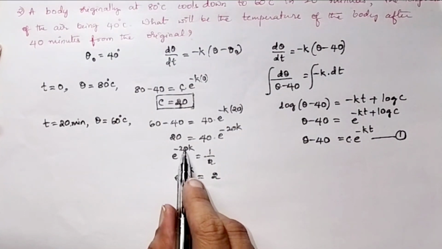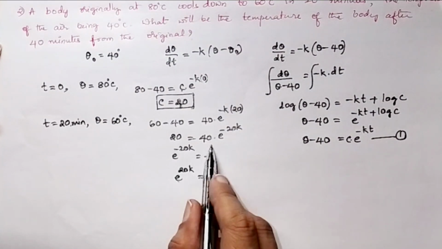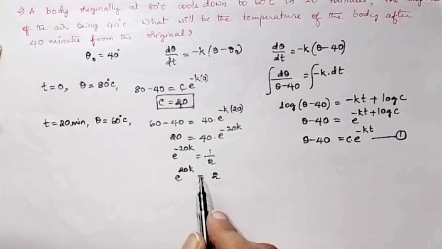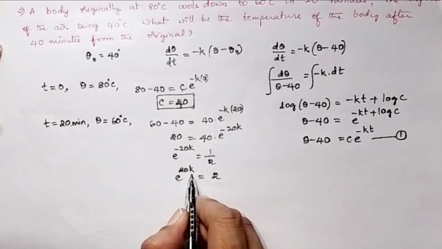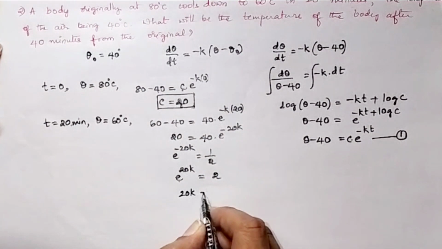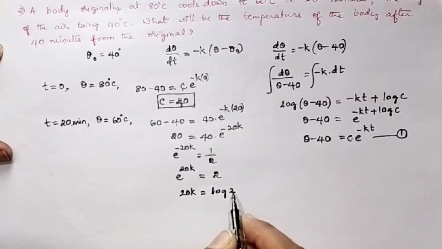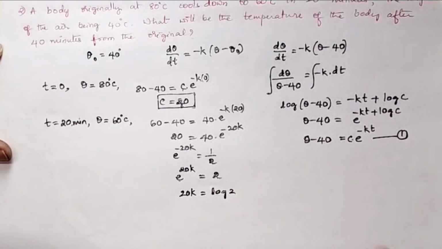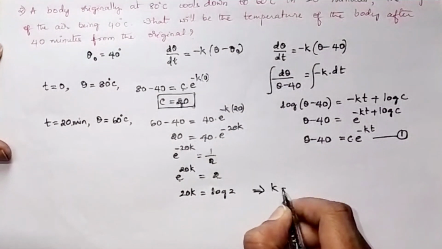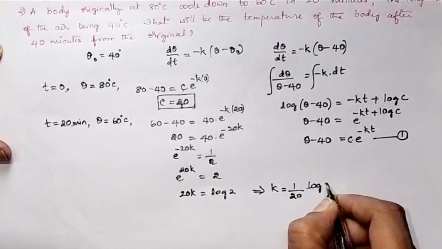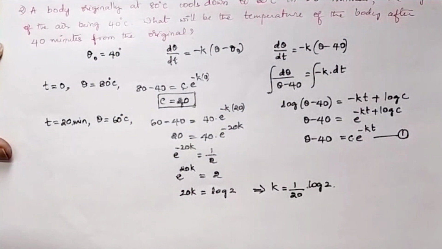Now I want the value of k, so take log on both sides. 20k is equal to log of 2, log to the base e, natural logarithm it is, which implies k is equal to 1 by 20 into log 2. This is the value of k.